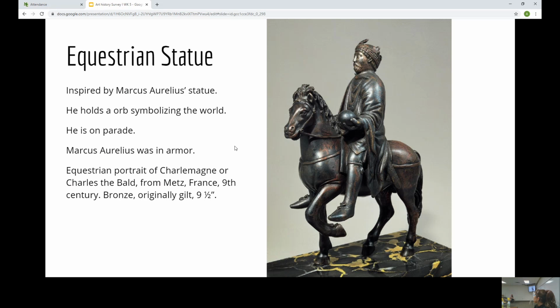I'm going to go parade, exactly. So there's a different tone here, but it's also a different time. Marcus Aurelius was someone that led conquests and fought. This guy is living in a time of peace, and that's not happening. So it's a bit different.